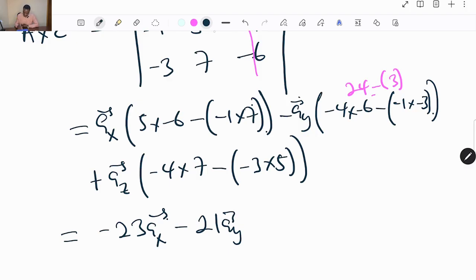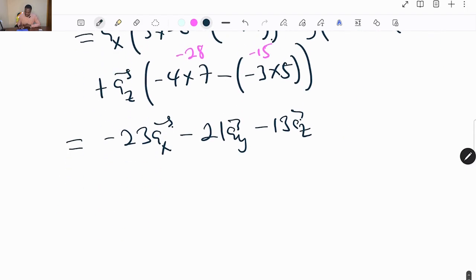And the last one: -4 times 7 will be -28, then -3 times 5 is -15. So we have -28 minus (-15), that's -28 plus 15, which is -13 along the z-axis.